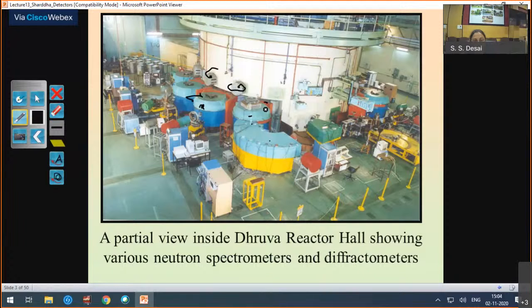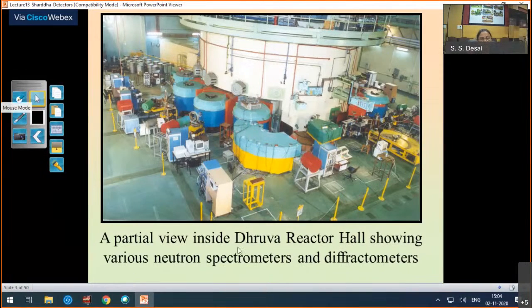These are the monochromated beams. After the monochromator, the beam falls on the sample position, and once it is scattered, there are various detectors lying in this shielding. I will show you in detail in the later slides. This is just to give you an idea of how all these instruments are equipped with in-house made neutron detectors, right from a beam monitor till the scattering end.